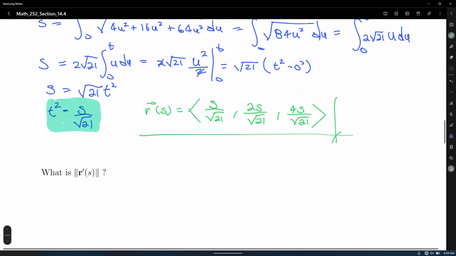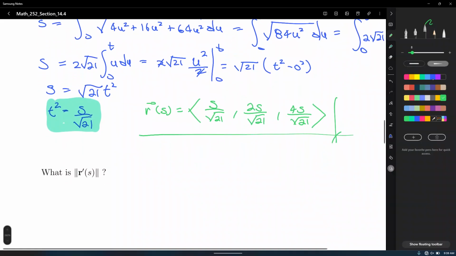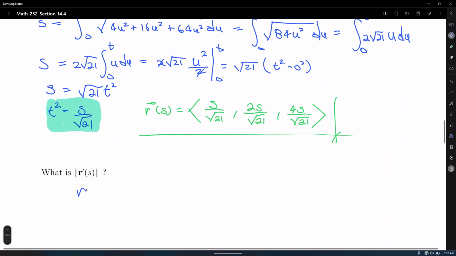All right, so let's find the derivative of this. That is r prime of s. That equals, okay, the derivative of s with respect to s is just 1 times the number it multiplies, which is 1 over the square root of 21, comma, the derivative of s is 1 times 2 over root of 21.